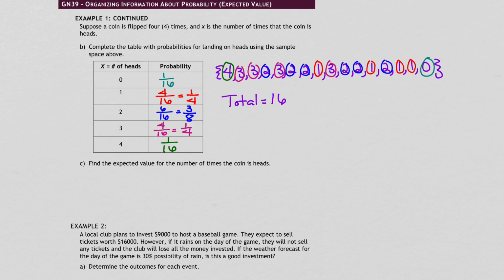So here's how we would find the expected value. We take each of these and multiply, add it to these multiplied, add it to these multiplied, and so forth. So we've got 0 times 1/16.